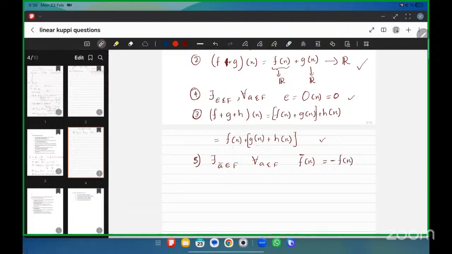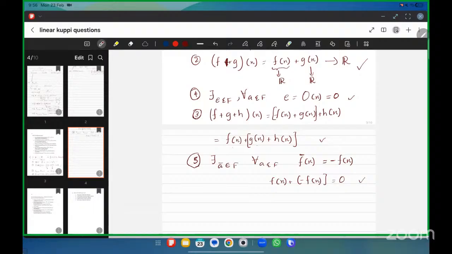So if we add f(x) plus minus f(x), we get the identity element, which is 0 or the 0 function. So this is the fifth condition. So the five conditions are satisfied, so it's a group. So we have to check one by one.